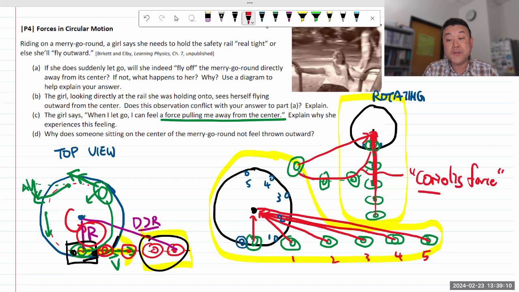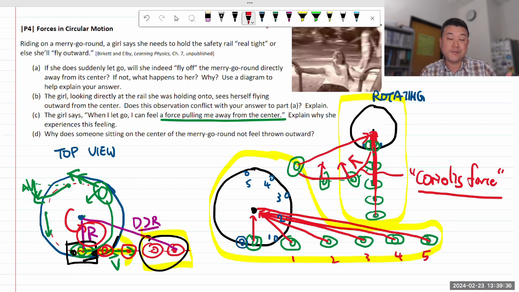It's another fictitious force, not the centrifugal force, that appears in a rotating frame. For it to appear, you need some radial velocity, I think. When you have some radial velocity in a rotating frame, you basically have an effective force that's pushing the thing to the side. That's what the Coriolis force is.